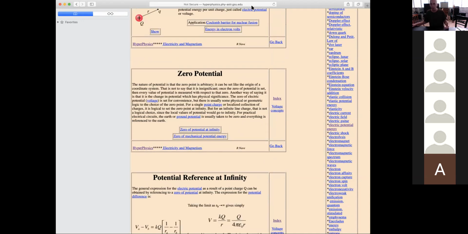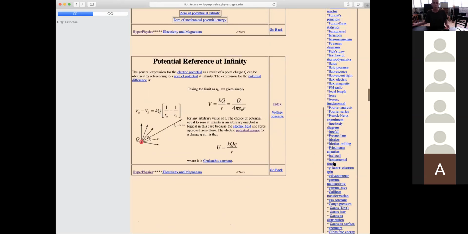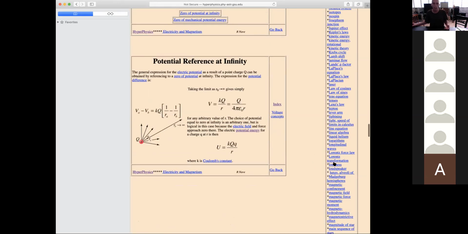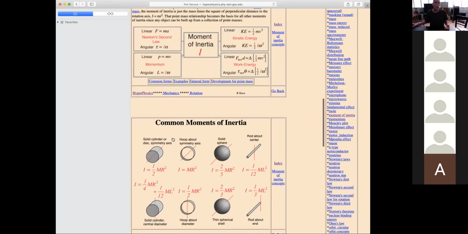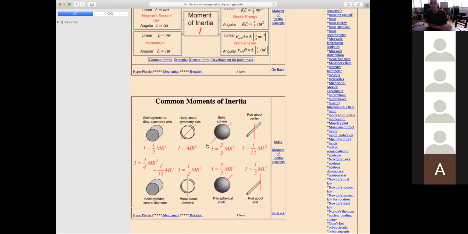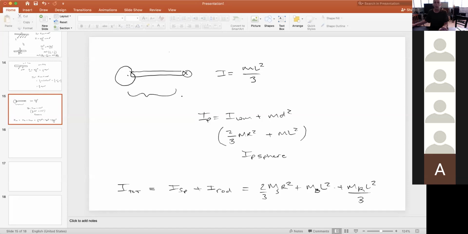To answer your question in chat though, Calvin, if I go back to moment of inertia, there's essentially this same chart. This same chart is in your book, and all you have to do is consult it when you need I. As I was saying though, where things get a little more complicated is that you could have a system with multiple shapes where you have to figure out the moment of inertia.